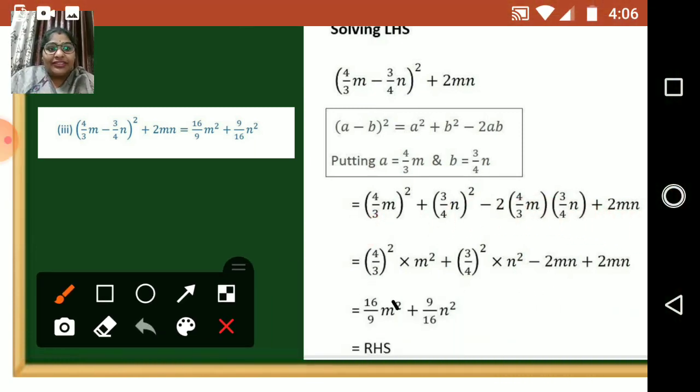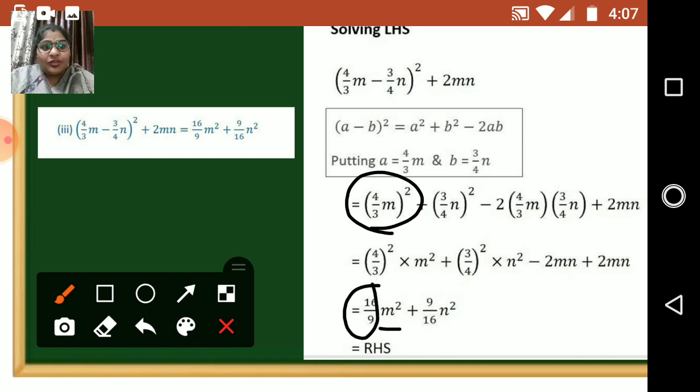So 4/3 m square will be 4 4s are 16, divided by 3 3s are 9, so 16/9 m square, plus 3 3s are 9 upon 4 4s are 16 n square. So 9/16 n square.